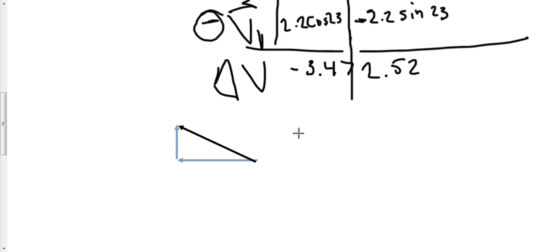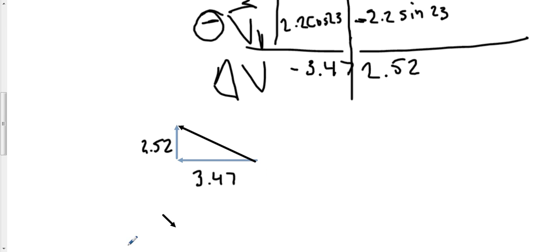And I can find a value for that if I use the Pythagorean theorem. Because it's pointing in the right direction, I'll just put 3.47, and this one's pointing in the right direction, 2.52.